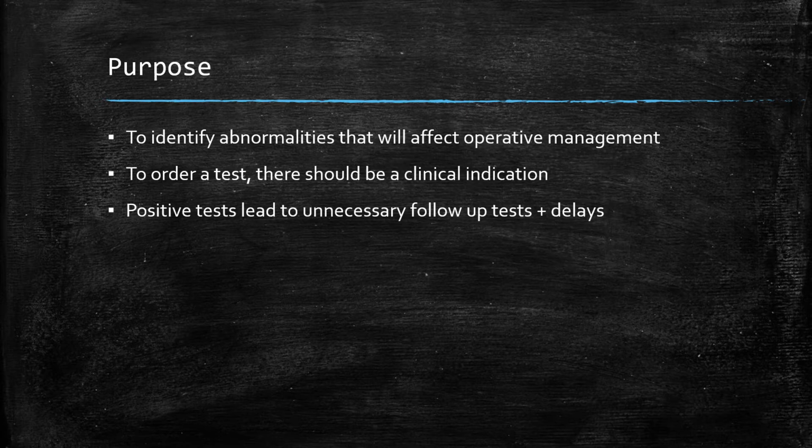As an example, if a patient is asymptomatic and you order a urinalysis, you have to ask, well, what will happen if the test is positive? Most positive UAs are because of a poorly obtained specimen. But now you're going to be obligated to follow this up with a clean catch specimen. This ultimately will delay the procedure and increase the expense to the system. So just order a test if you care about the results.